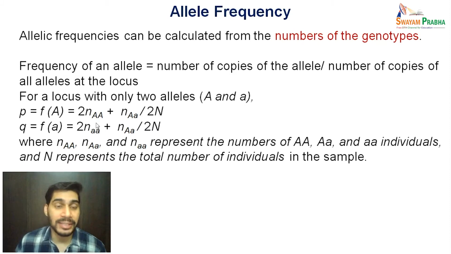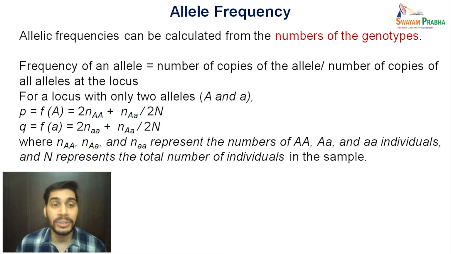Same is the case when we are taking dominant homozygotes. The capital A allele can be calculated by doubling the number of individuals having the homozygous dominant condition, since capital A is coming twice.